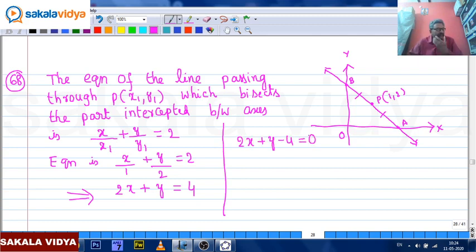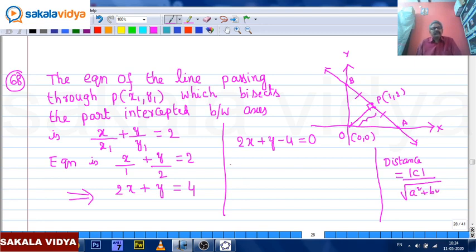Now this is the first part. What is the second part? We need to find the perpendicular distance from origin to this line. It's some other point, not a midpoint. So this distance we need to find. This is the origin 0, 0. So the distance formula is mod c by root of a square plus b square.